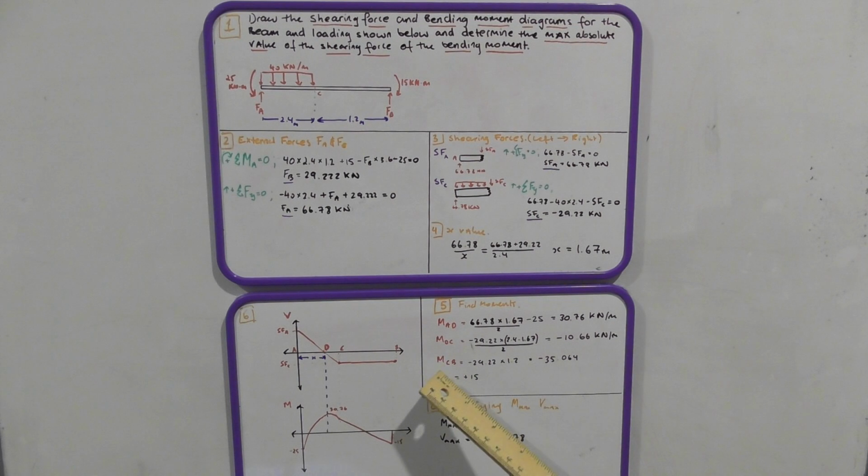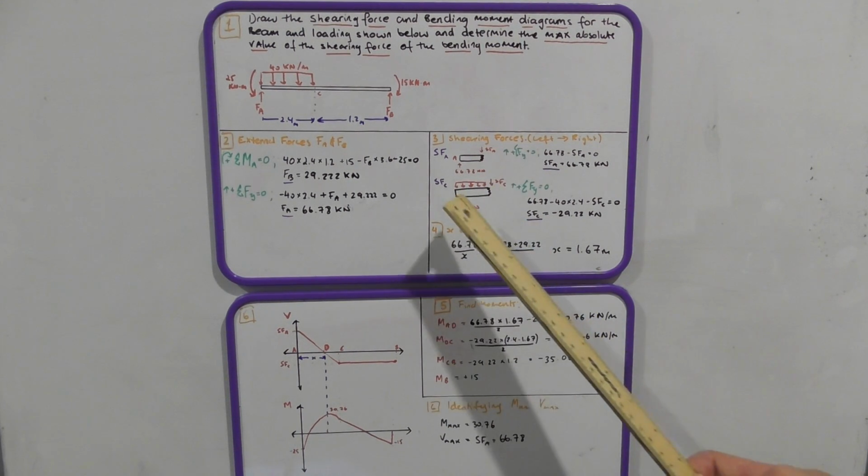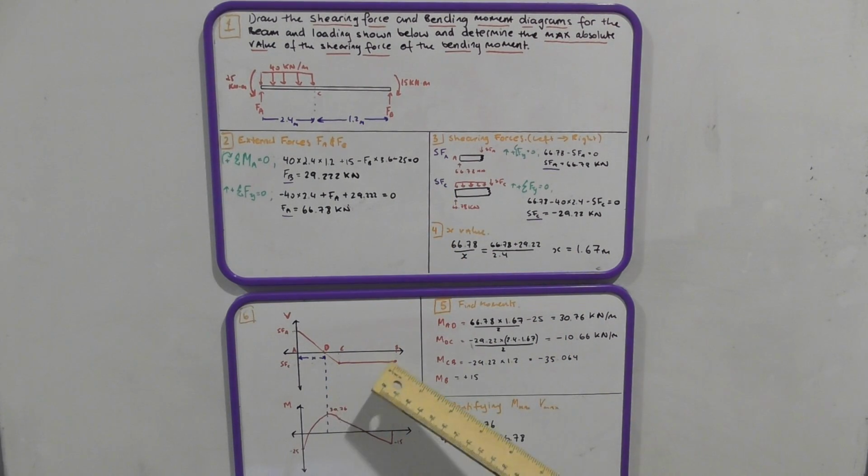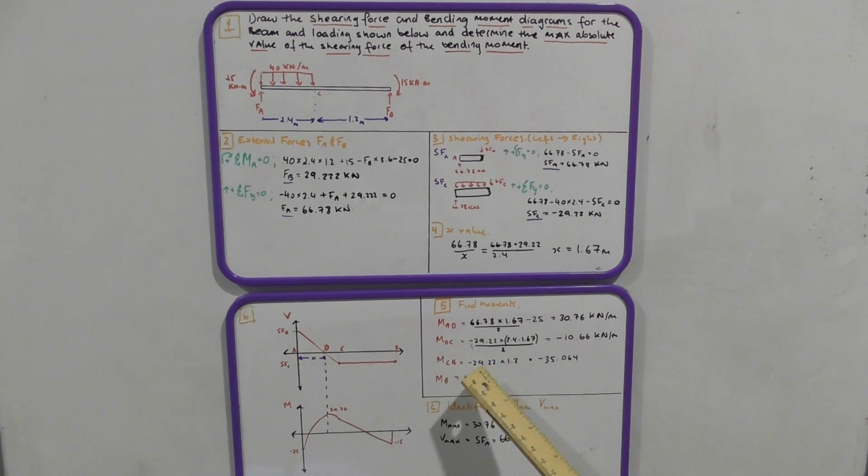Next point will be MCB. Because there's no other forces acting at C, it's just a straight line shearing force distribution until the final value at B. So we will go negative 29.22 multiplied by 1.2. It's just a rectangle, so we don't need to divide it by anything.